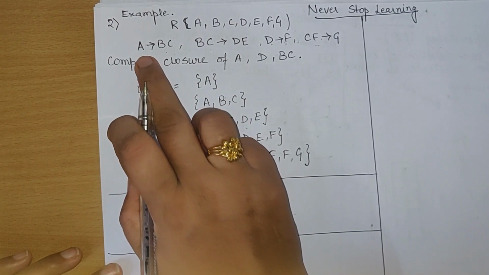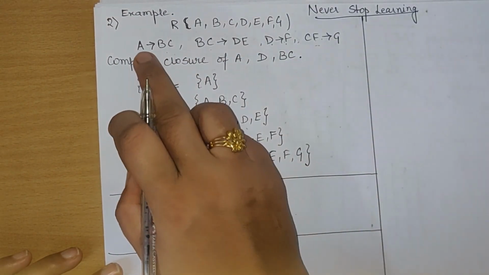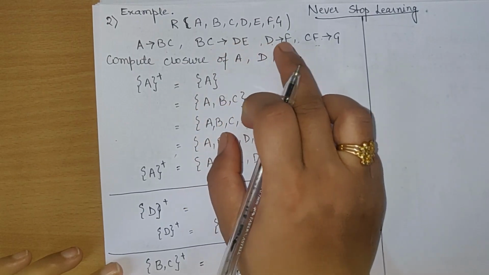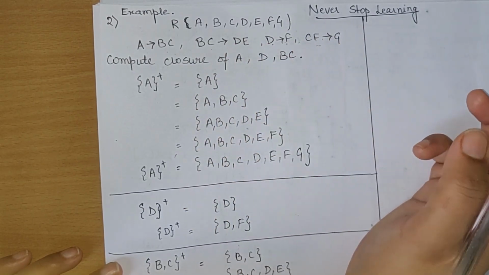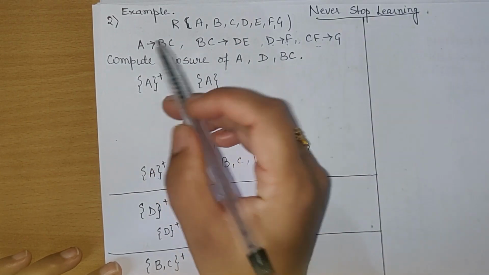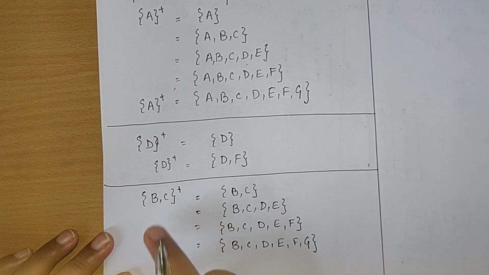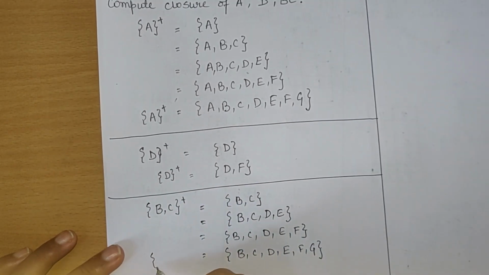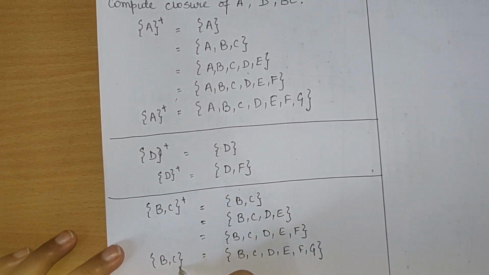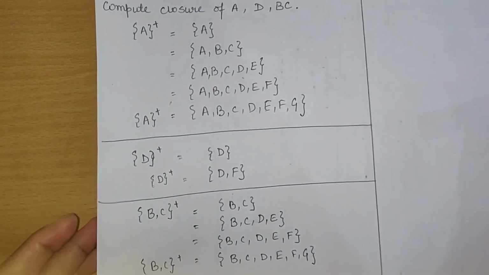A is not determined here, because A does not come anywhere on the dependent side. So with any other element we are not able to determine A. A is left out here. So the closure of BC is B, C, D, E, F, G.